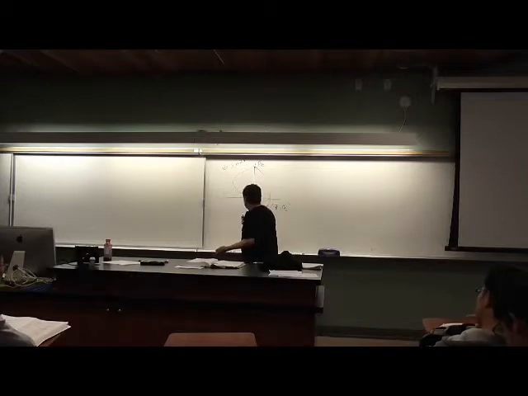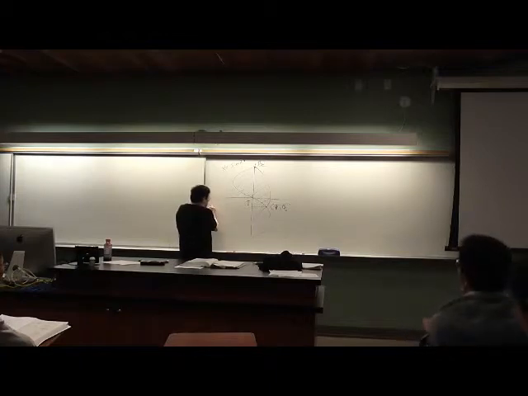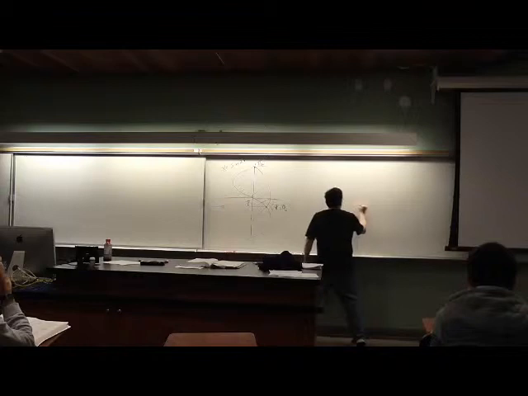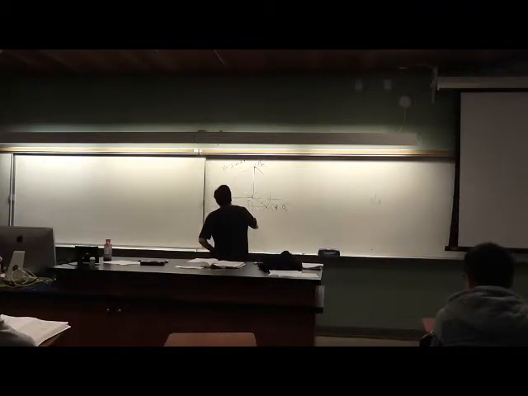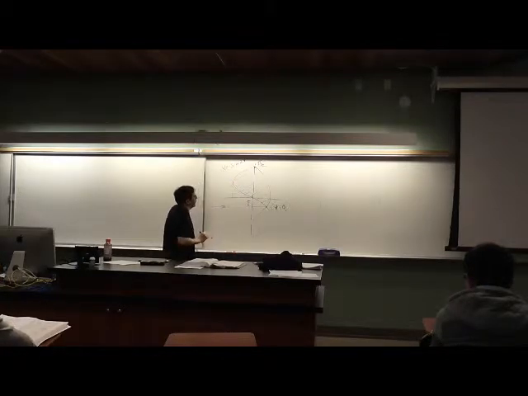So, let's see what we would need to do. If we're going to integrate along the x-axis, we're going to have some kind of integral here, dx. Well, we know what this limit is. This is 2.